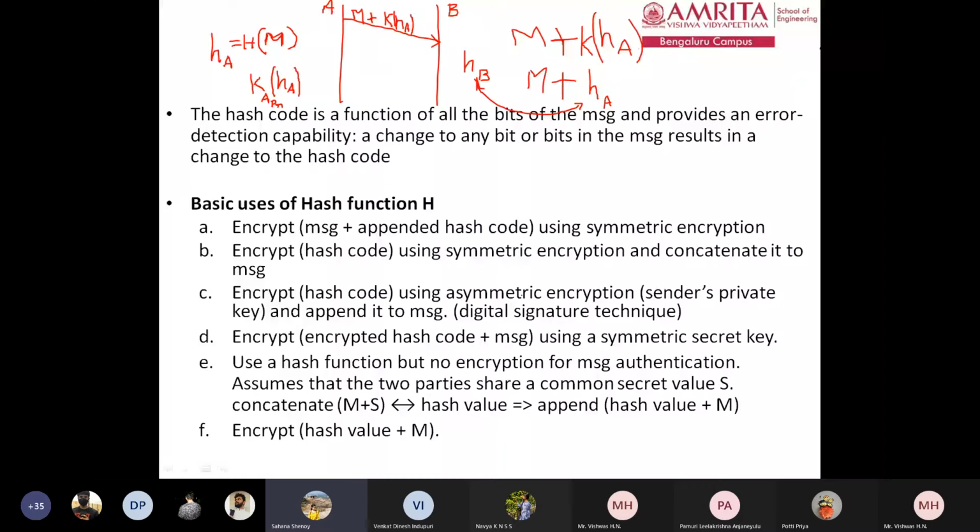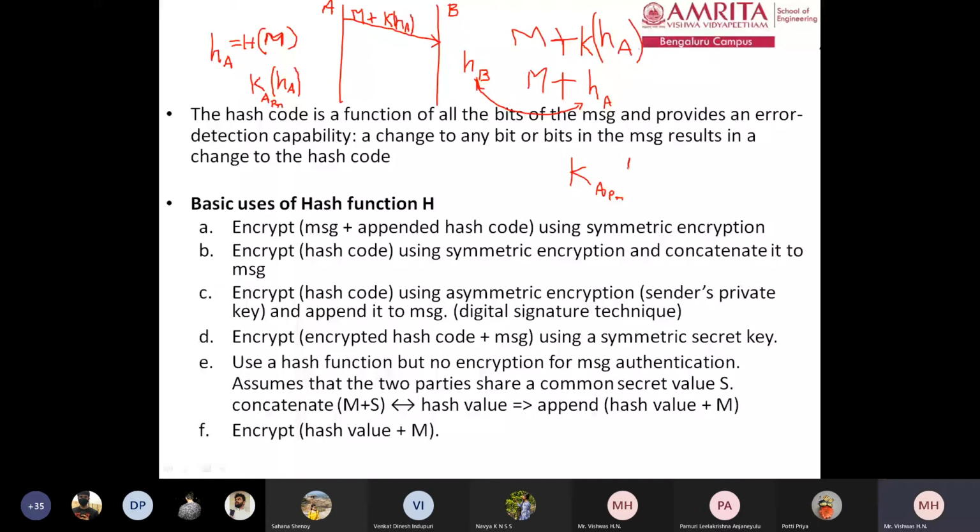And the fourth point: encrypt the encrypted hash code plus message using a symmetric secret key. So what is the encrypted hash code? You are using a key which is the private key of A. Is that clear?